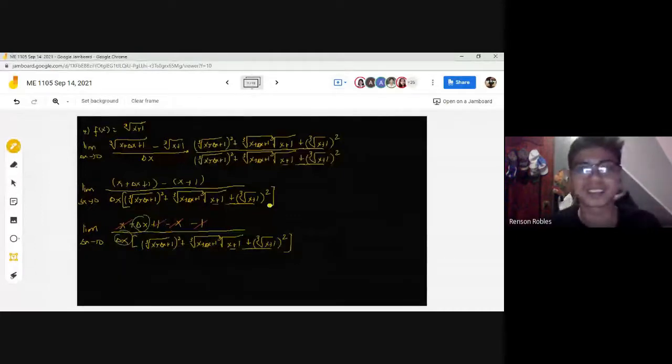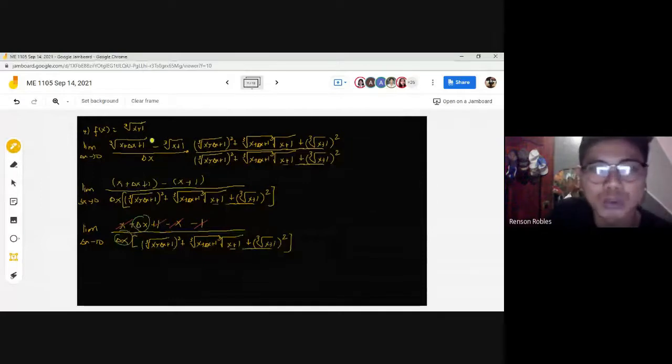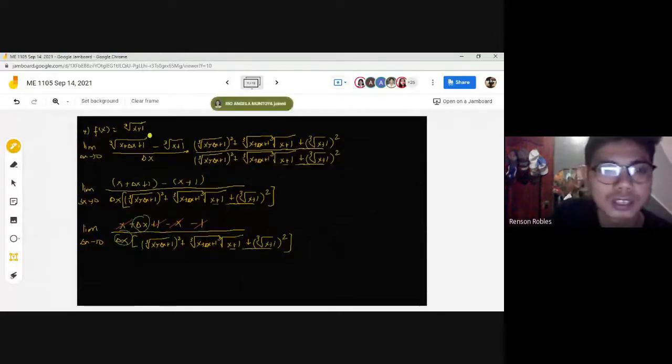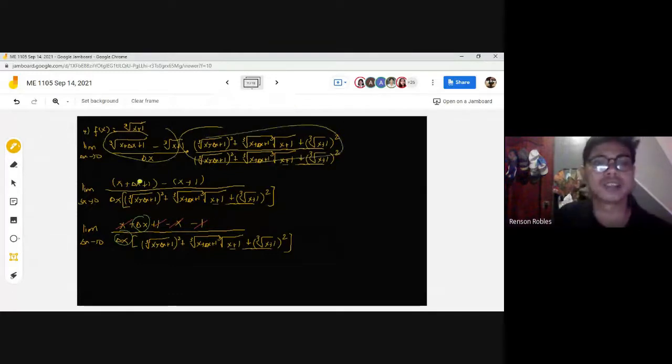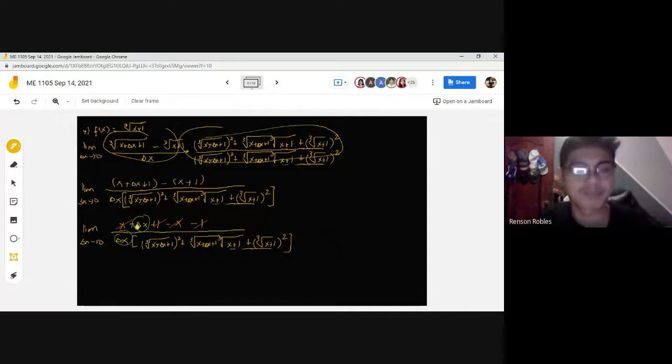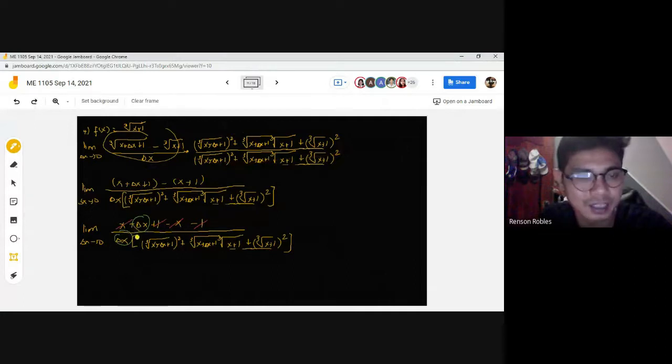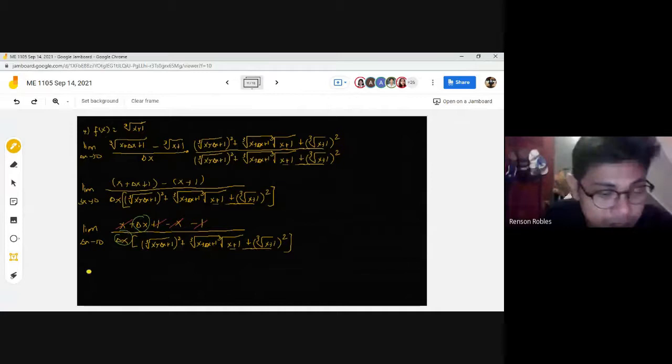Okay. So when you multiply these two and this numerator, it will only lead you to x plus delta x plus 1 minus x plus 1. And eventually, when this is simplified, we're here. All right. And then, the only thing left to do is limit as delta x approaches 0.